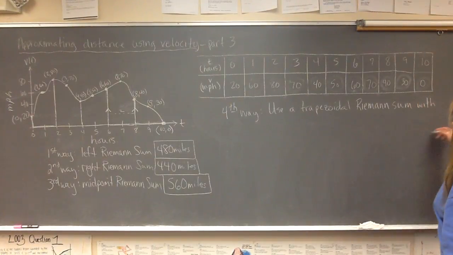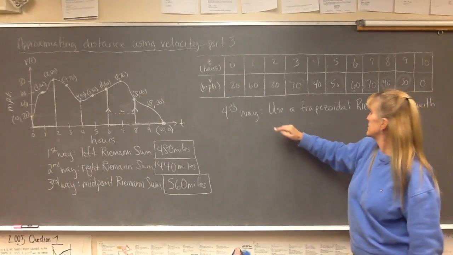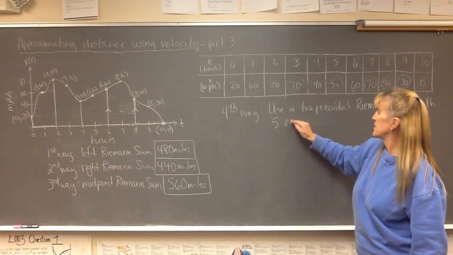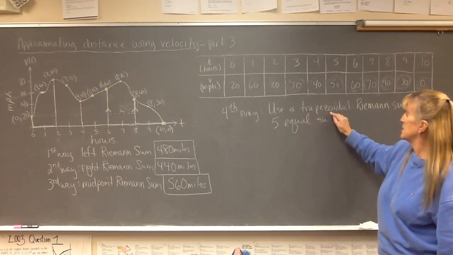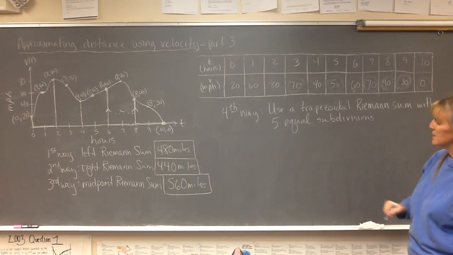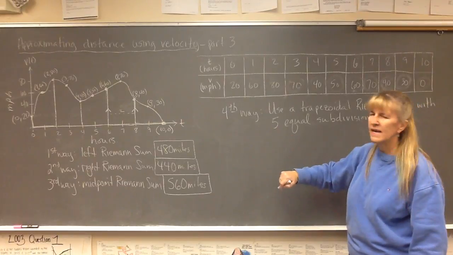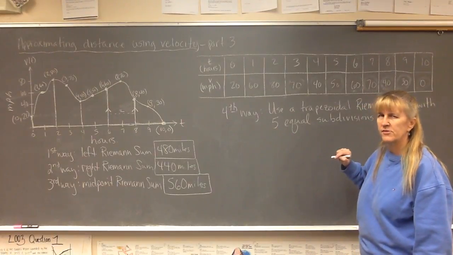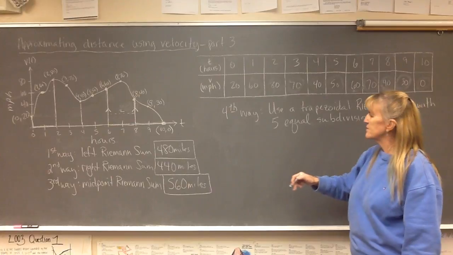And we'll still use 5 equal subdivisions. That's a high number for trapezoidal approximation. Normally it's 3 or 4, but we can still do 5.